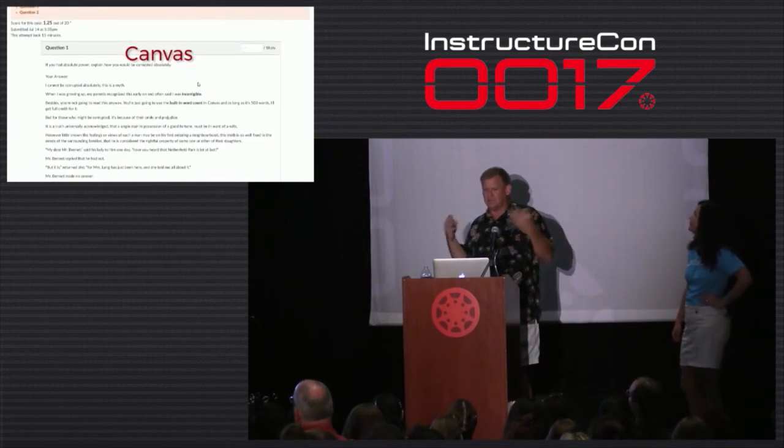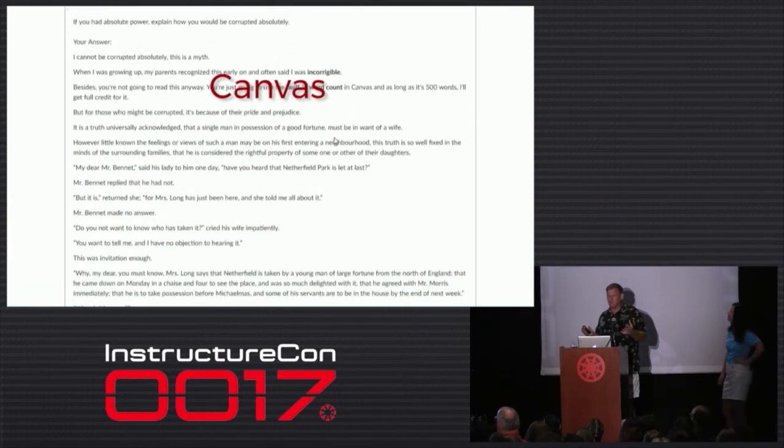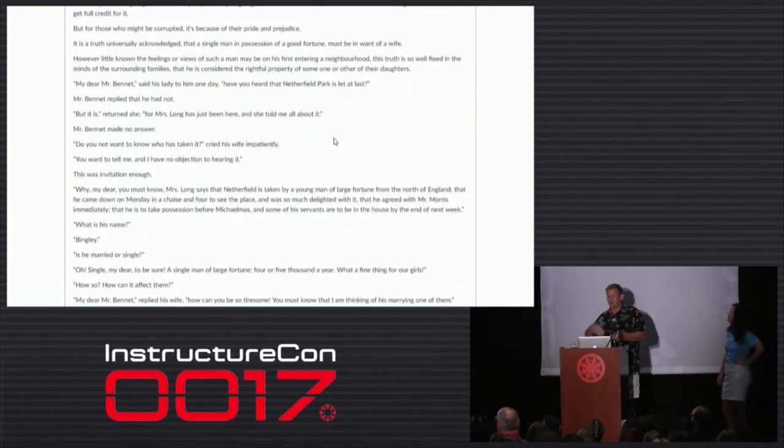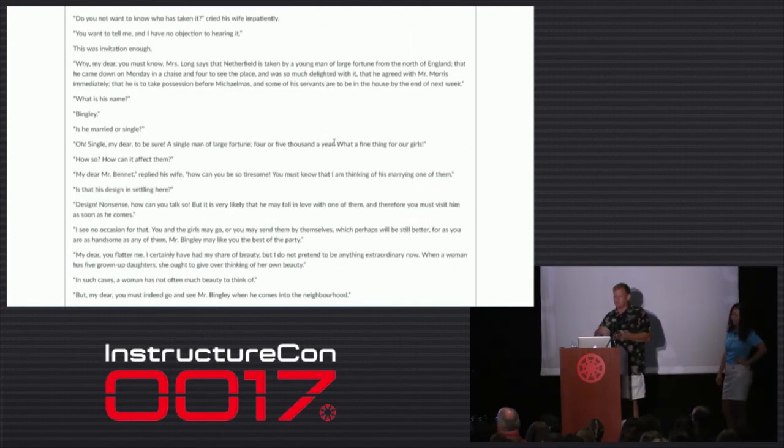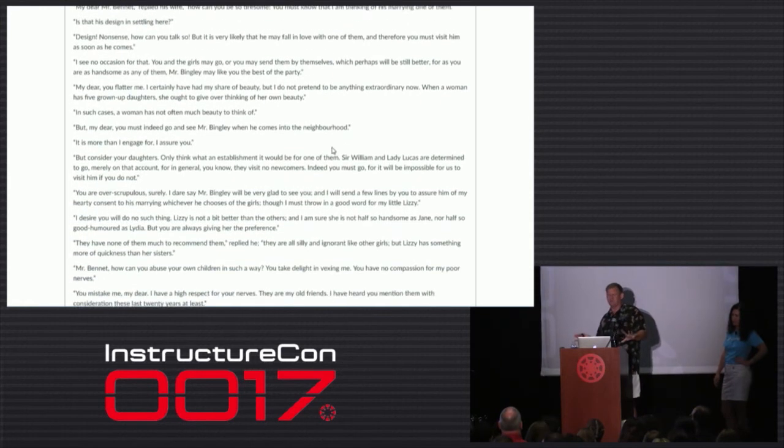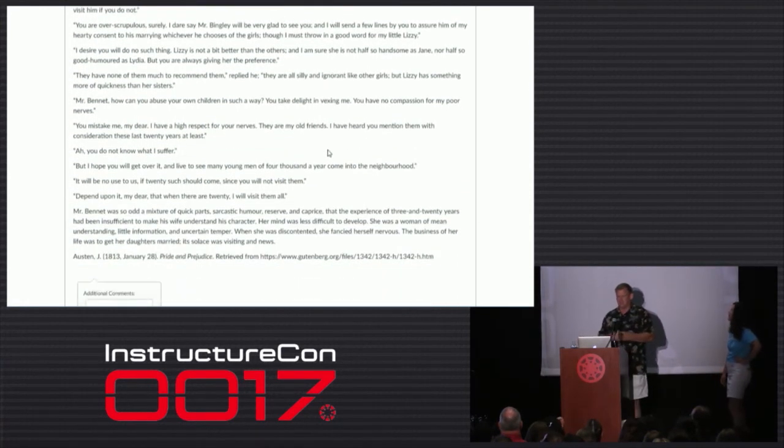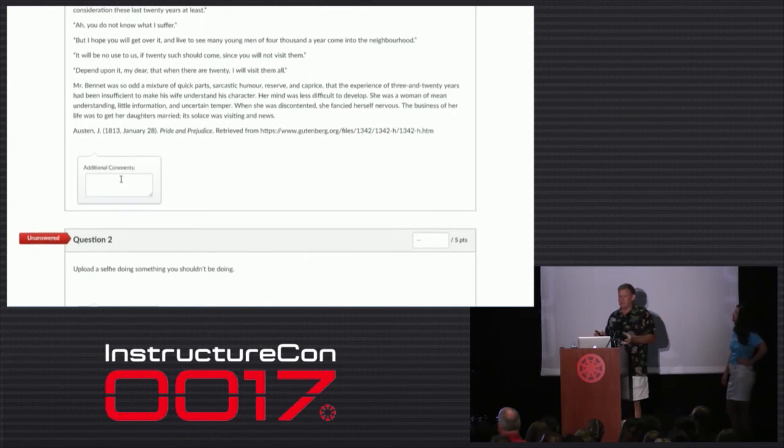So let's say this is the Canvas way. You have this really long essay question, and you scroll all the way through the essay question. Hopefully you're reading it. Definitely you're reading this. And you come down to leave a comment, and when you put the comment in there, it doesn't expand, so you have to drag the box to see.